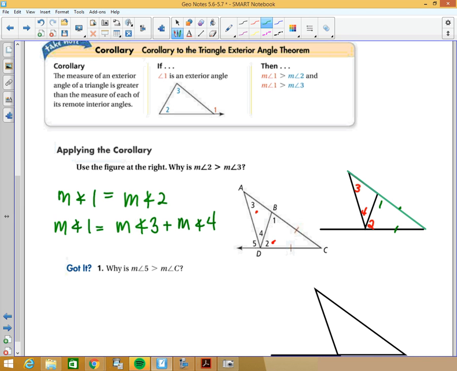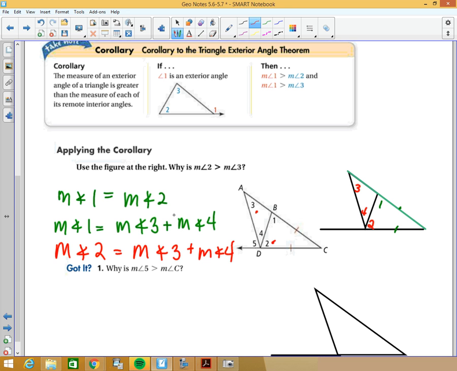Now, since 2 is equal to 1 and 3 plus 4 is equal to 1, by substitution, 2 equals 3 plus 4. So by substitution, the measure of angle 2 is equal to the measure of angle 3 plus the measure of angle 4.